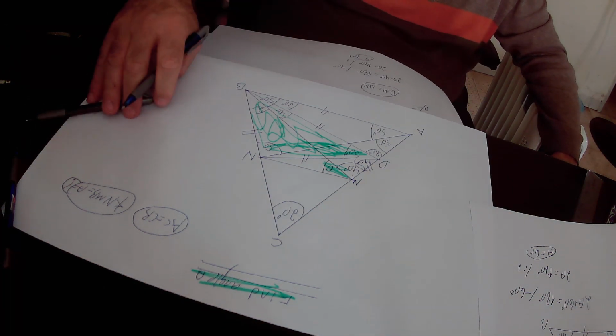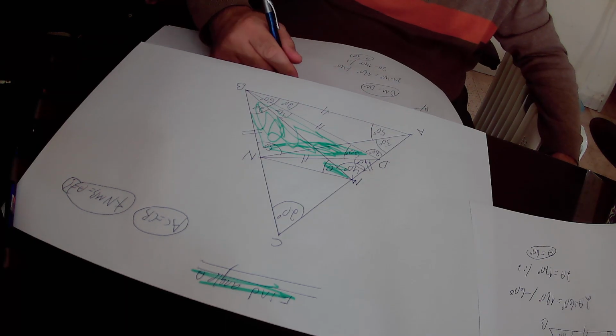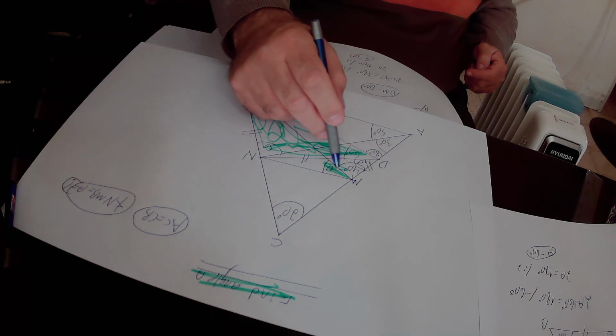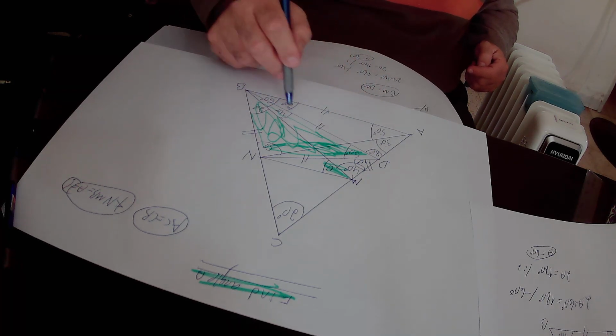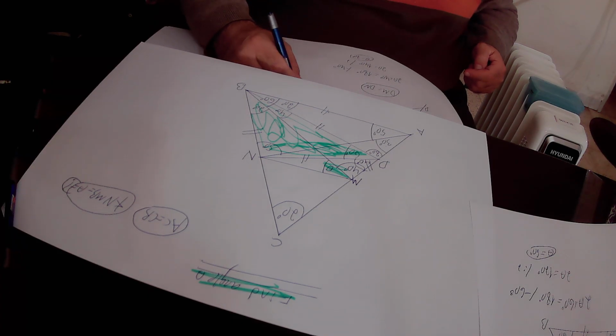So the big angle DNM equals 70 degrees. The big angle DNM minus the small angle DNB must be equal to the missing angle theta, that is the angle that we are looking for.